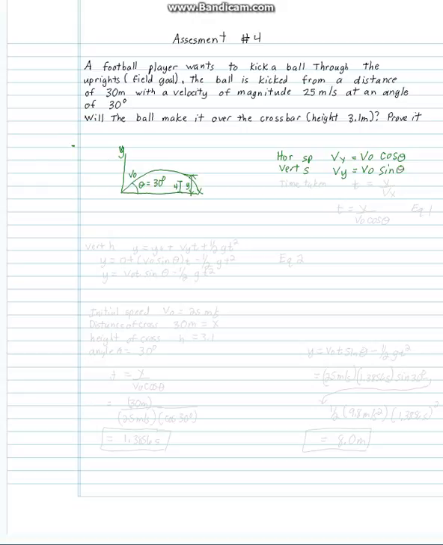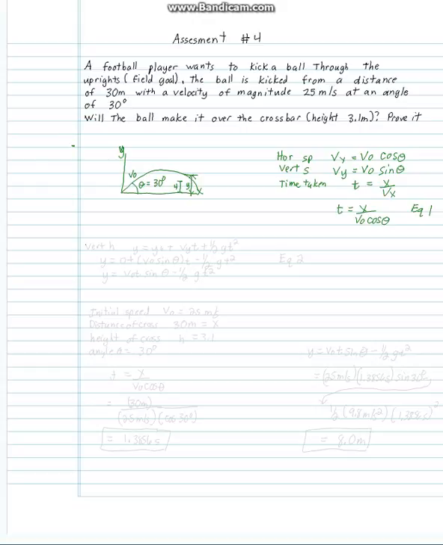The time taken to reach the crossbar of the field goal, that's t, is equal to x over v of x. So to actually compute that, t is equal to x over v of 0 cosine of theta. We'll call this equation 1.